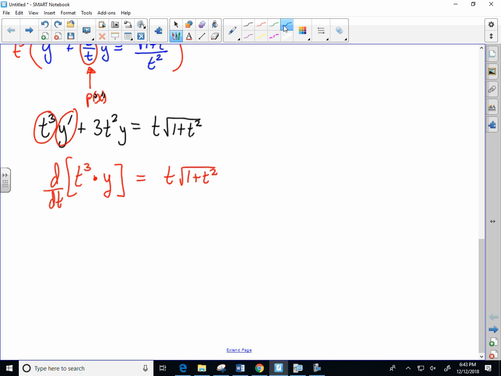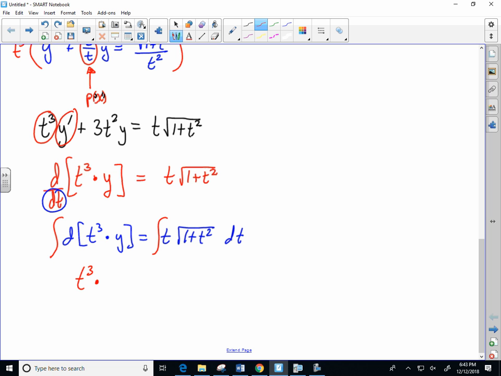All right. So I can move the dt to the other side just through multiplication. So d of this would be equal to t root 1 plus t squared dt. Integrate. Left-hand side is just t cubed y, because a derivative and an integral cancel each other out.